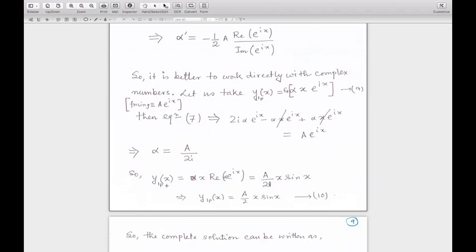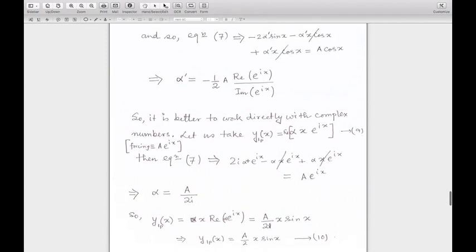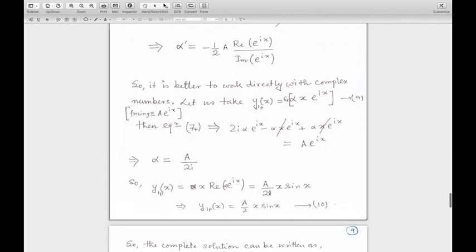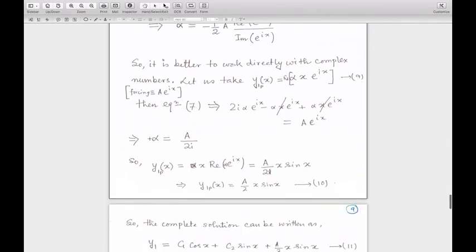Then finally your particular solution will be x times real alpha times e to the power ix. Now I understand why I gave alpha prime here: in order to make a difference. Here it is alpha, so alpha is a by 2i.